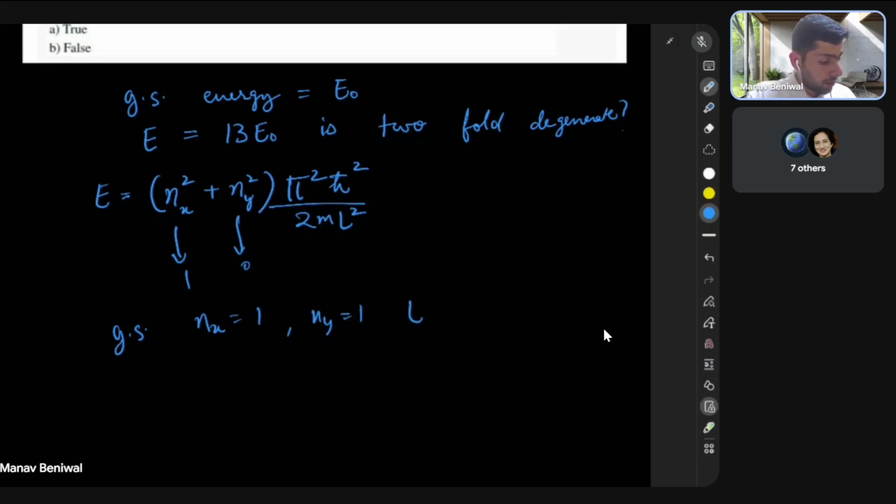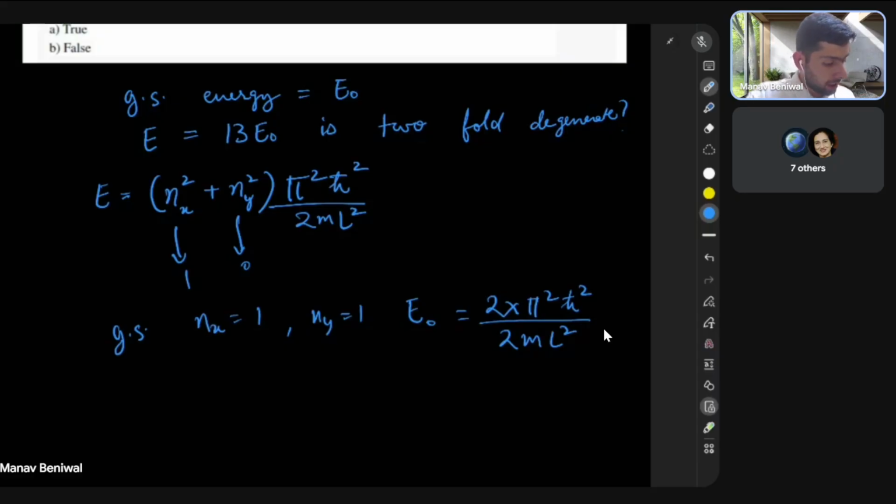And therefore our E naught will be 2 times pi squared h cut squared over 2 m l squared. So this is what we have.